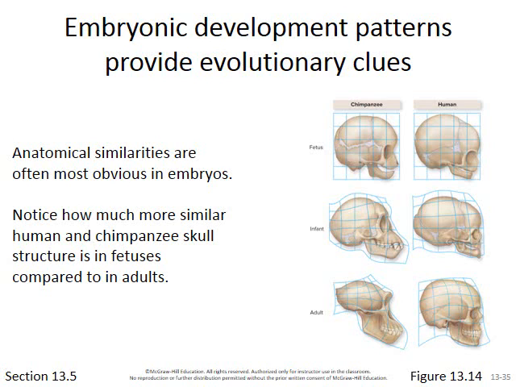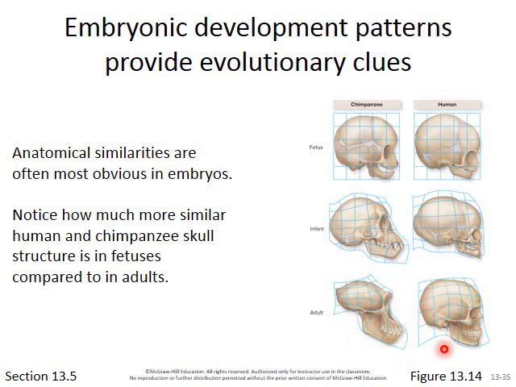We're looking here at the skull of the human and the skull of a chimpanzee, and looking at the similarities in the structure. So as a fetus, you can see the chimpanzee and the human skulls are very similar. As an infant, they have changed a lot more than as a fetus. You're starting to see the similarities are separating.